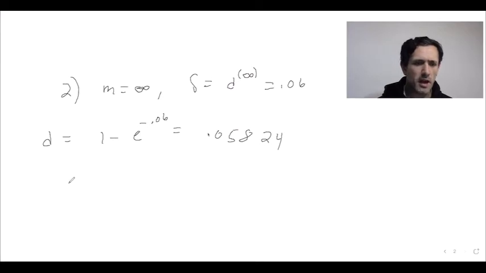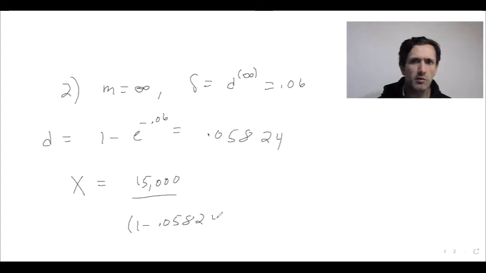And again, just like before, solving for x, the value of the liability: basically the same setup, 15,000 over 1 minus d, 0.05824, to the 10th, which is 27,331 and 78 cents.